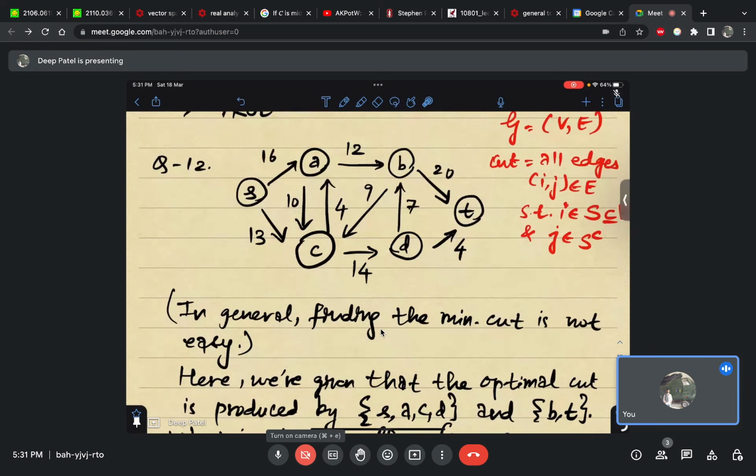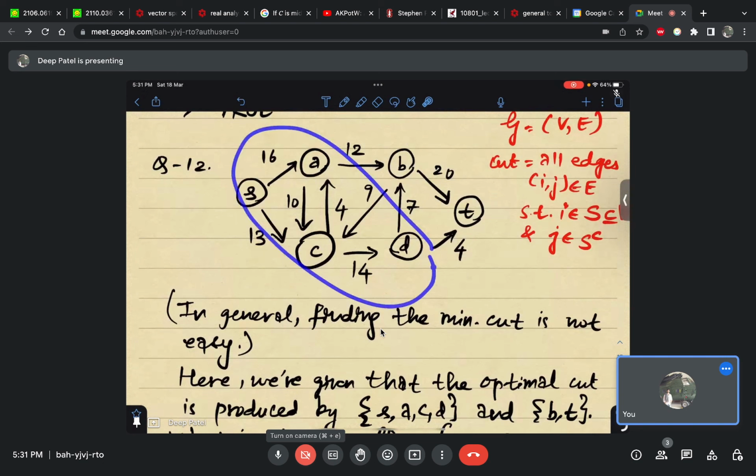What is the maximum flow that can go with a cut like this? So this is our cut. What is the maximum flow that can go from source to target? You count the edges which go across the cut, right?